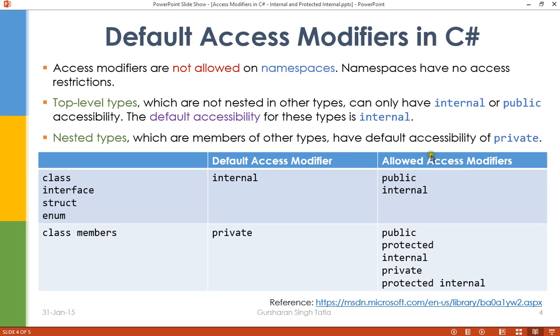And at the top level type, they can have either public or internal access modifiers. Members, as an example, let's say class members, by default, if you do not specify any access modifiers, they are considered as private. And they can have any of the 5 access modifiers: public, protected, internal, private, or protected internal.